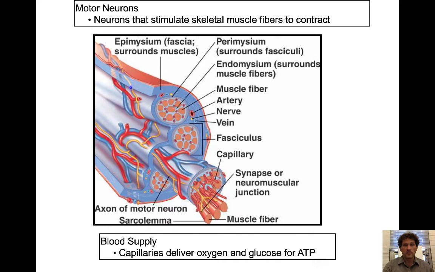So you can see these nerves branching down here all the way down to these individual muscle cells, as well as these capillaries coming down all the way to these individual muscle fibers. And so again, lots of use when you think about working as a construction worker or a professional athlete. You are using a lot of energy to move and contract those muscles, and so we need to have really good blood flow to help those muscles function appropriately.